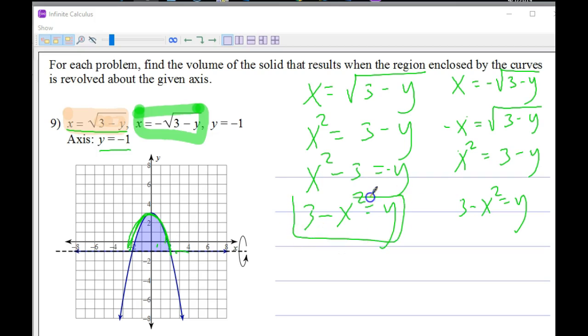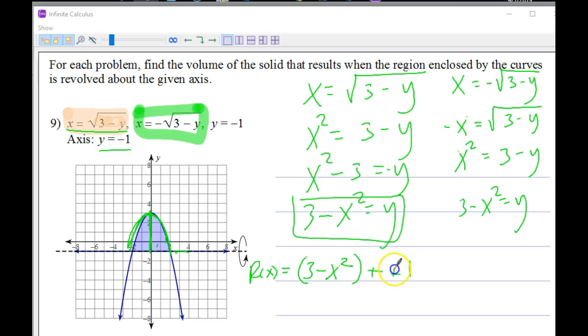Oh, that's so cool. Okay. So what's my radius? It's 3 minus x squared. No, wait a second. Minus what's my axis? Minus -1.